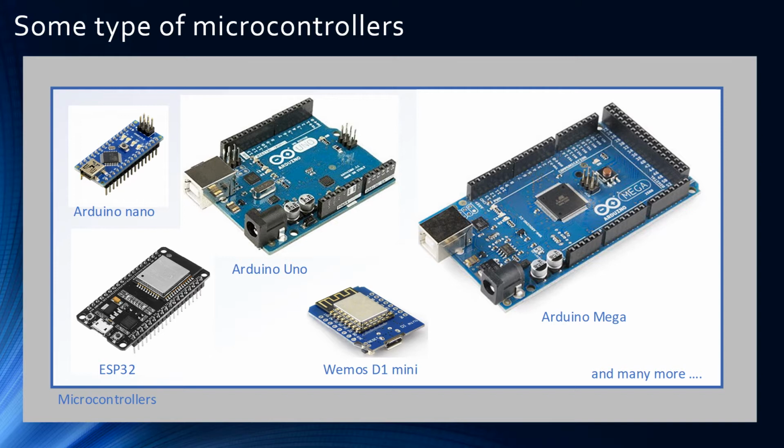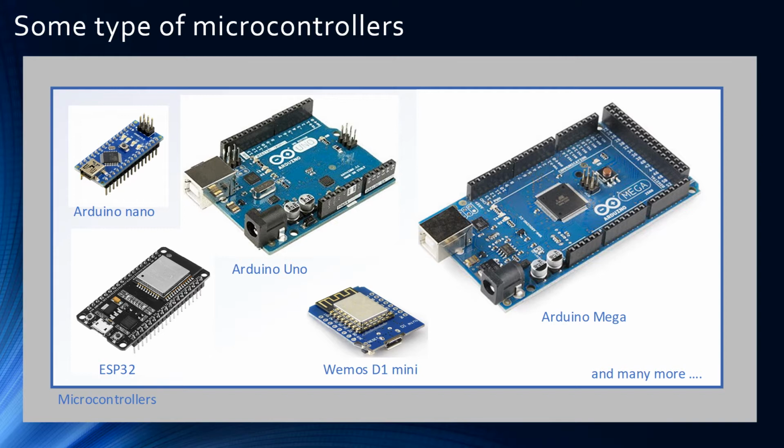But today I'm going to focus on the common microcontrollers that are very usually used by many makers. Okay, so the microcontroller can be Arduino Nano, Uno, Arduino Mega, ESP32, and Wemos D1 Mini.